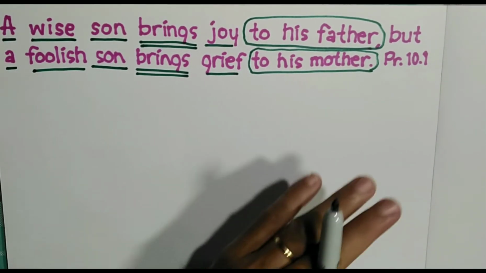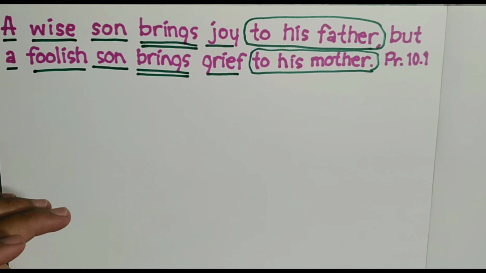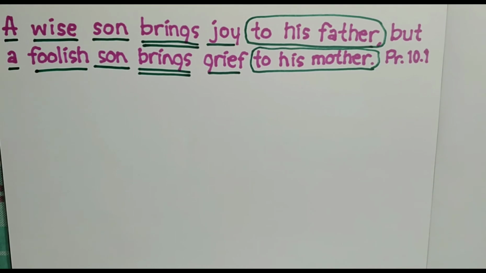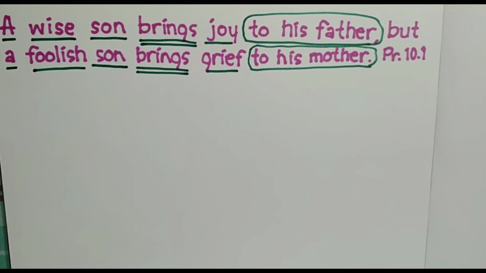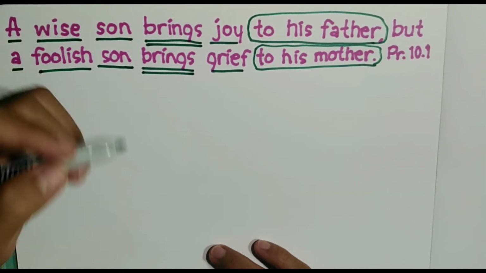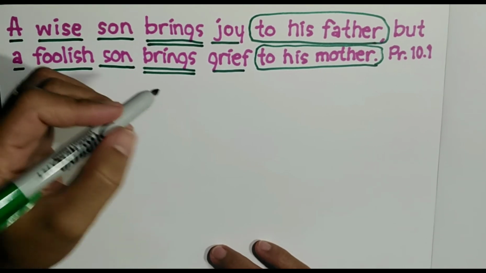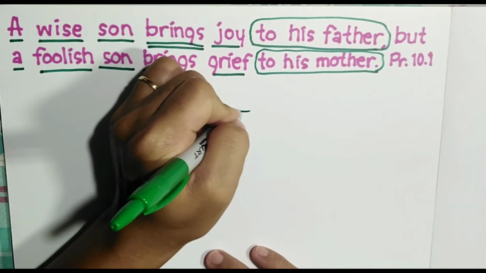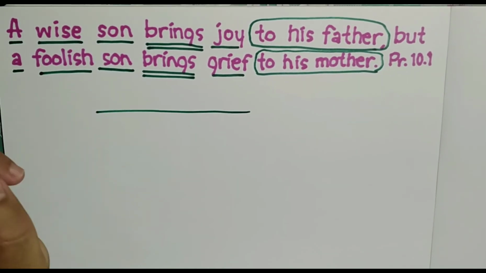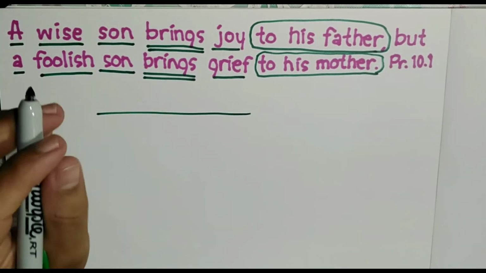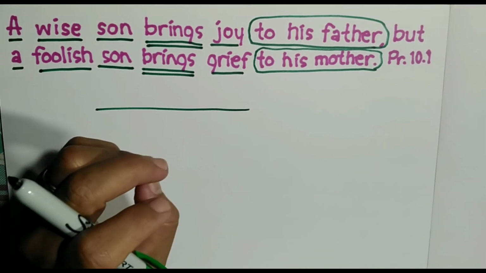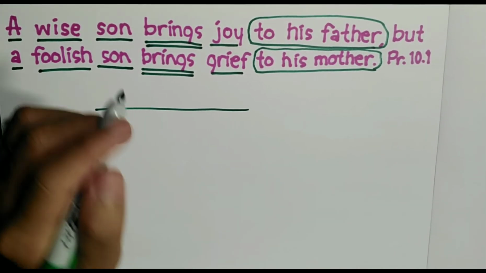Now, since we were able to identify the words in this verse, it's time for us to diagram this sentence. Okay. Now, we must take note that in the baseline, the words that we will be putting are the subject, second, verb, and then direct object if there is any.